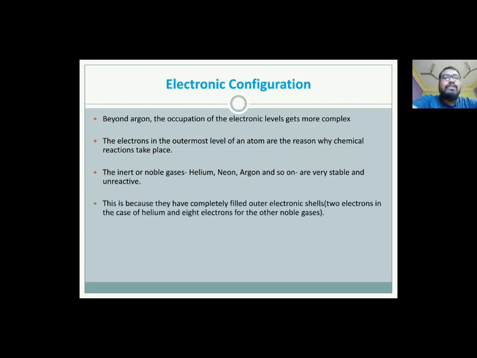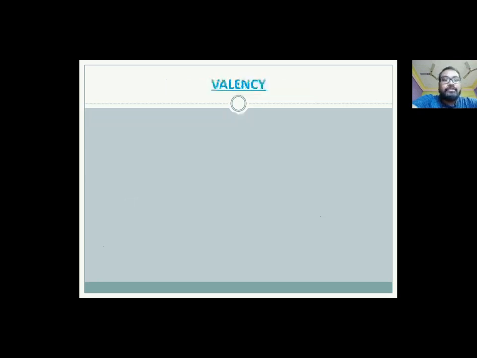This is because they have completely filled outer electronic shells, 2 in the case of helium and 8 in the case of other noble gases. Such configurations are very stable and are called octet, or duplet in the case of helium, as helium consists of only 2 electrons. So these configurations are known as octet configurations.